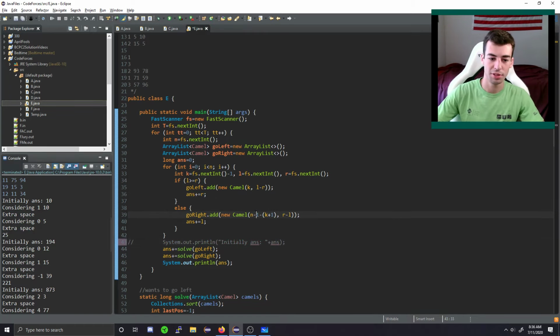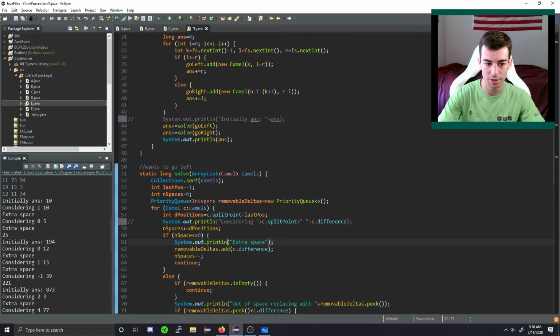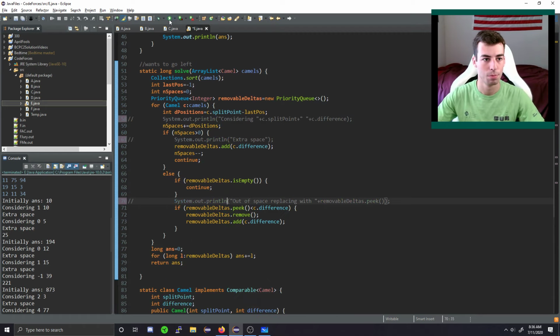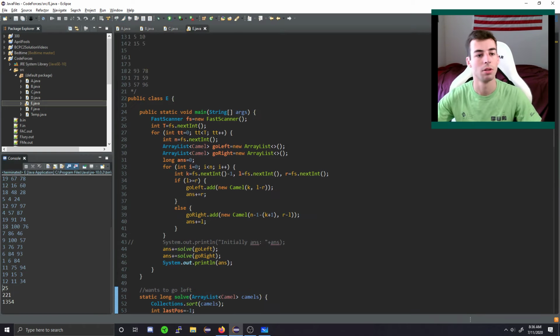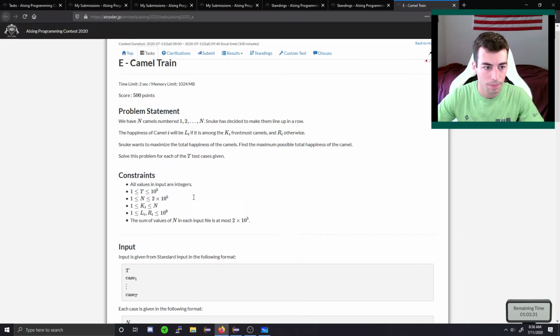Okay, this is some sketchy math, but it passes the sample, so I think I'm going to submit. How many test cases are there?